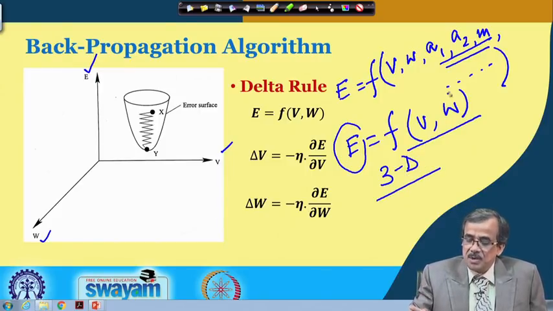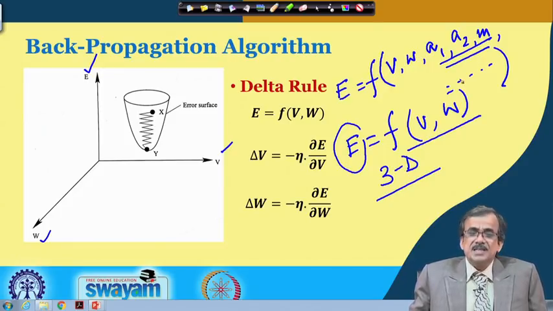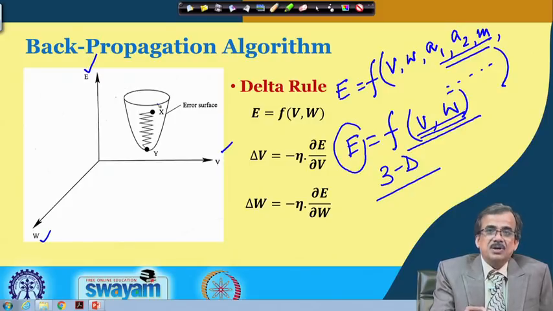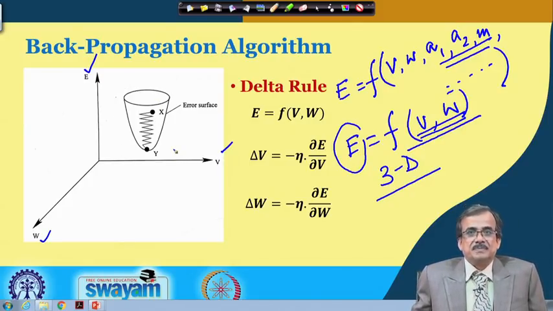If I consider more, it will become 4 or more dimensions, which we cannot visualize. So, let us assume that this error is a function of only two variables. On the 3D plot, I can see what this error surface should be.